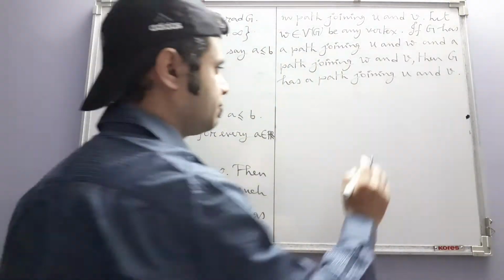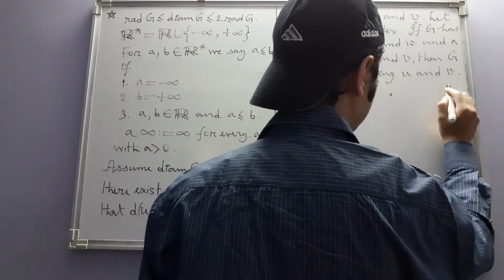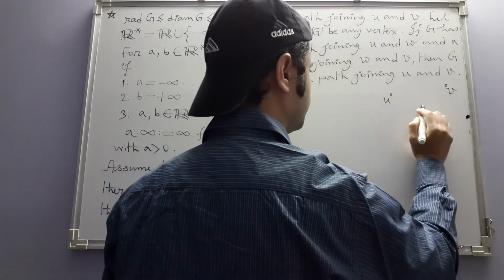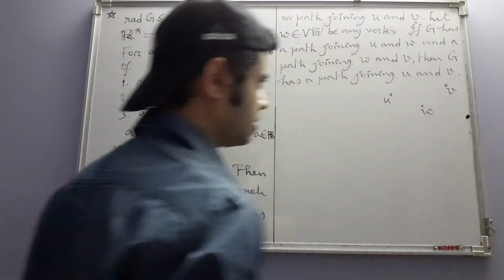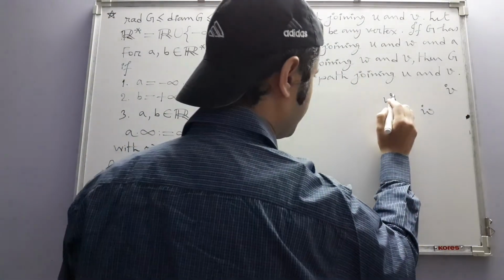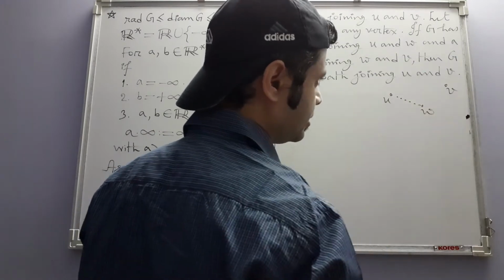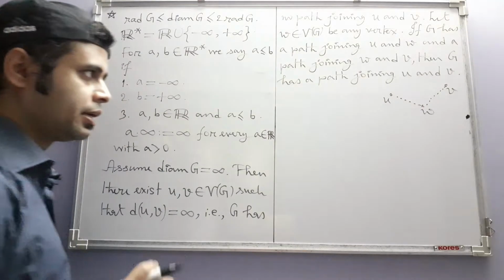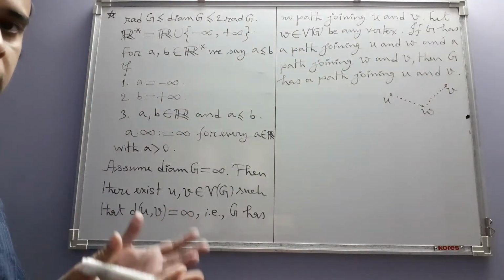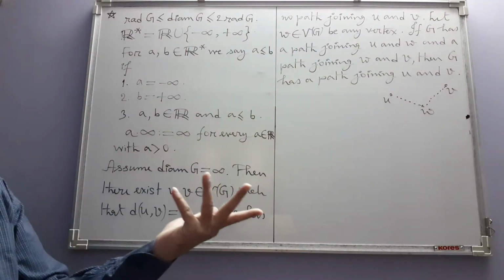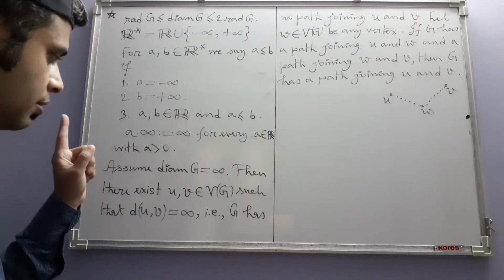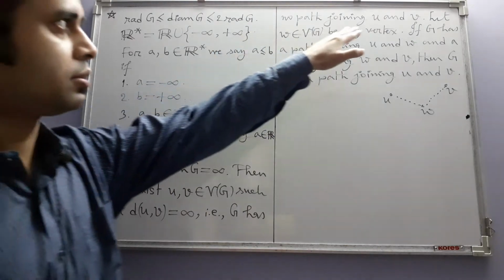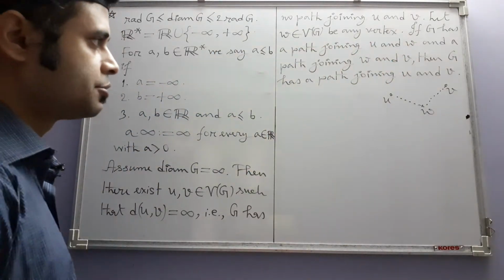because if say you have the vertices U and V here somewhere in the graph, and you also have the vertex W. Say there is a path in G joining U and W and one joining V and W, then they can be combined to give us a path joining U and V in G, which would contradict this thing that G has no path joining U and V. So that means what?